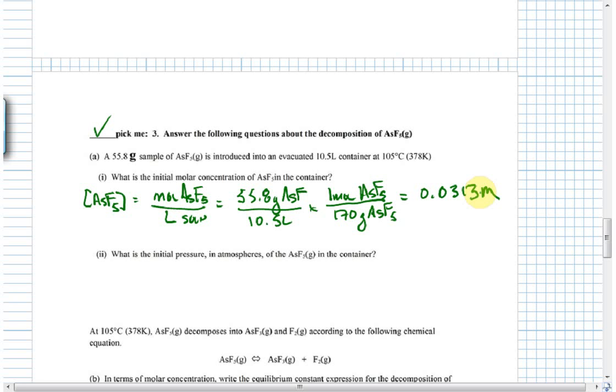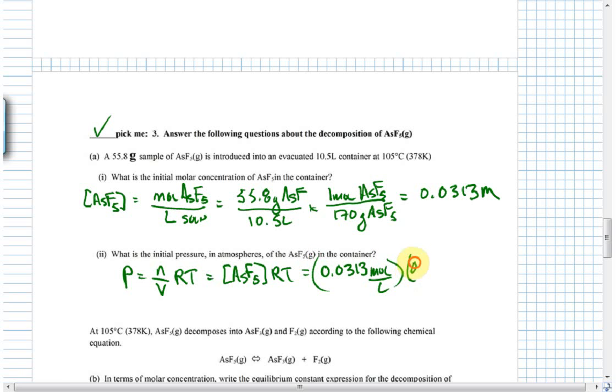All right, what is the initial pressure? Pressure is equal to n over V times RT. n over V is just concentration, so that's just the concentration of the arsenic pentafluoride, which we've already figured out, times RT. So we can take our 0.0313 moles per liter. We can multiply it by R, 0.0821 liter atmospheres per K per mole.